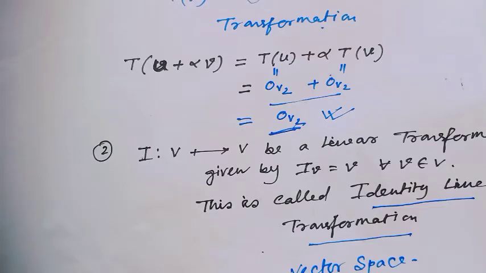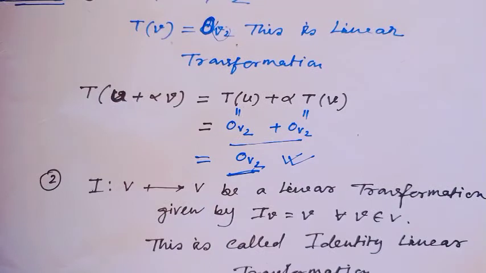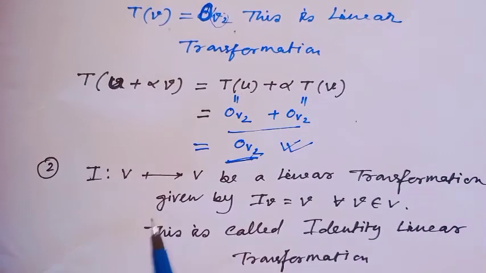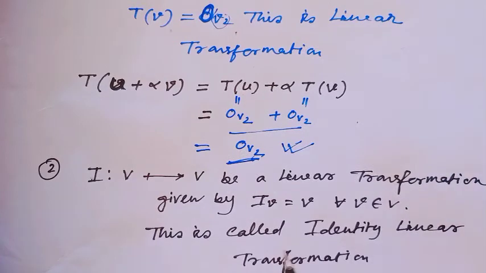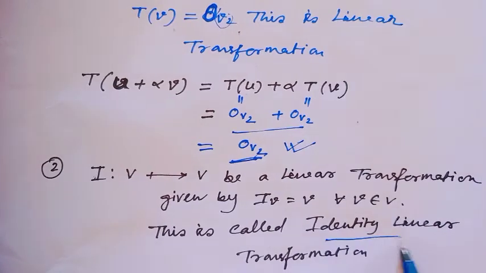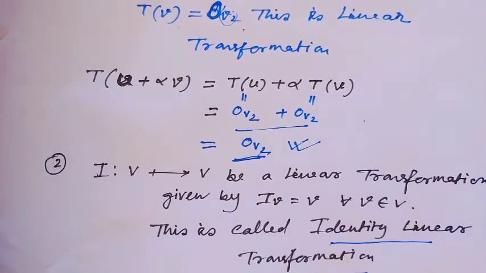Our next example is the identity transformation. Consider I from V to V, a linear transformation given by I(v) = v for all v belonging to the vector space. This is called the identity linear transformation.